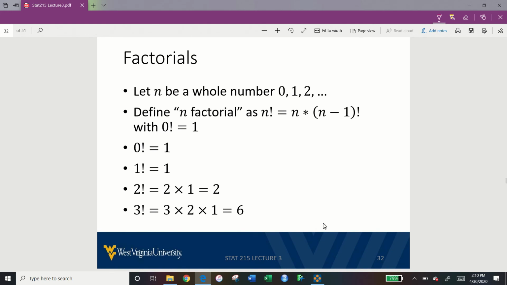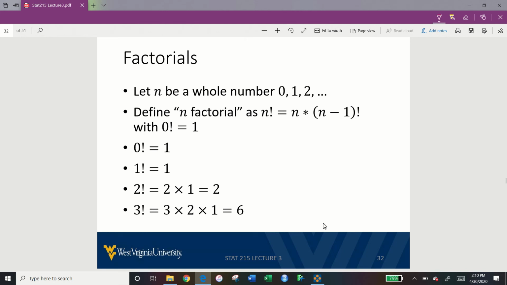Taking this a step further, let's talk about the concept of factorials. Let n be a whole number: 0, 1, 2, all the way to infinity if it was possible. We will define n factorial, written n exclamation point, as n multiplied by the quantity n minus 1 factorial, with 0 factorial equal to 1.